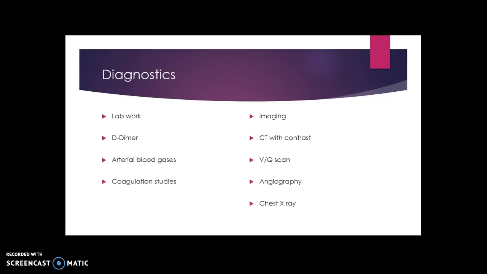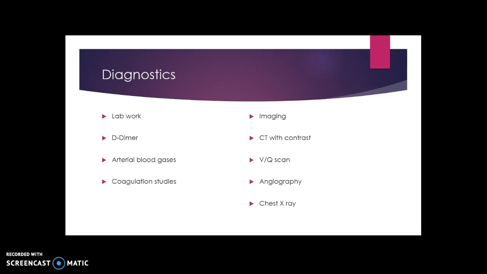Arterial blood gases are going to show that the patient is hypoxic. They may be in a respiratory acidosis. If they're able to blow off enough carbon dioxide and they're hyperventilating, they may actually also be in a respiratory alkalosis. So it could be either way, depending on where the PE is and how much of the vasculature is occluded. They also may do coagulation studies to get a sense of where the problem is.